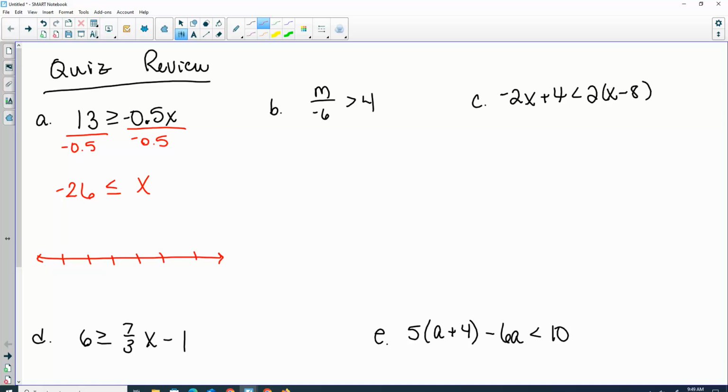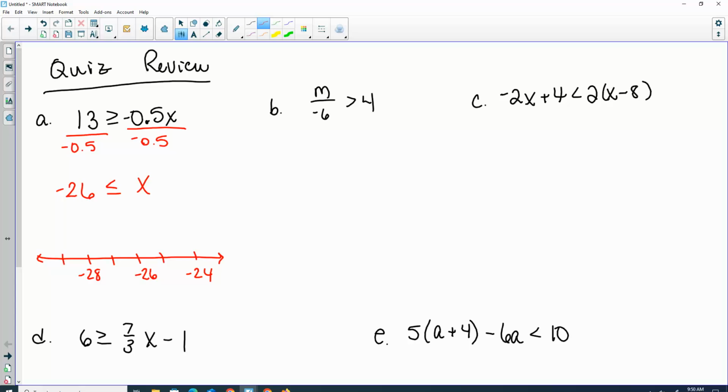Alright, so we have a negative 26. On a number line, it's getting bigger as you go to the right, so this would be negative 25, negative 24, negative 27, negative 28. I'm okay with you labeling every other. You need more than just a single number, though. You can't only put the negative 26 on your number line.